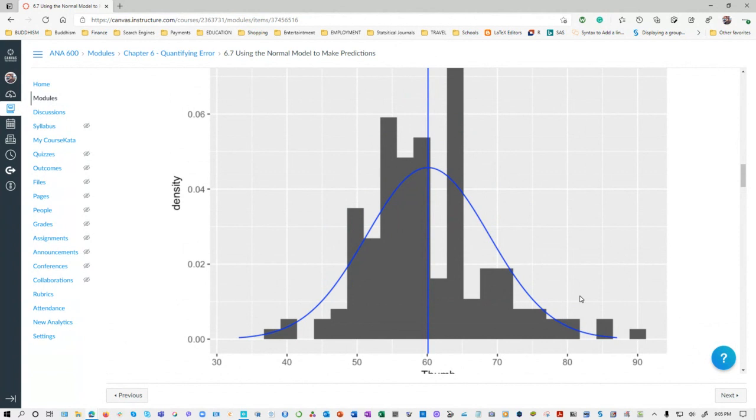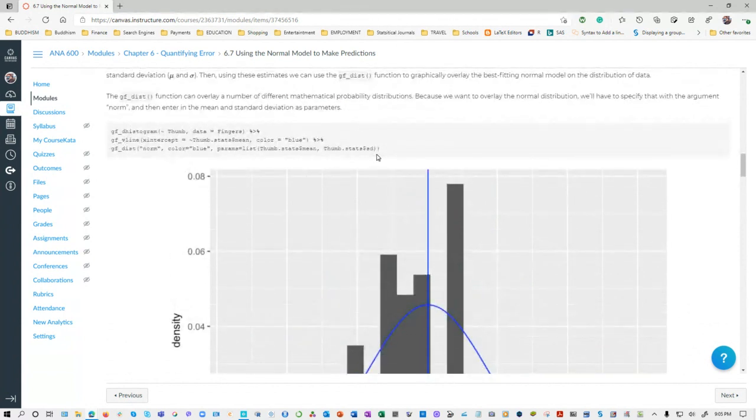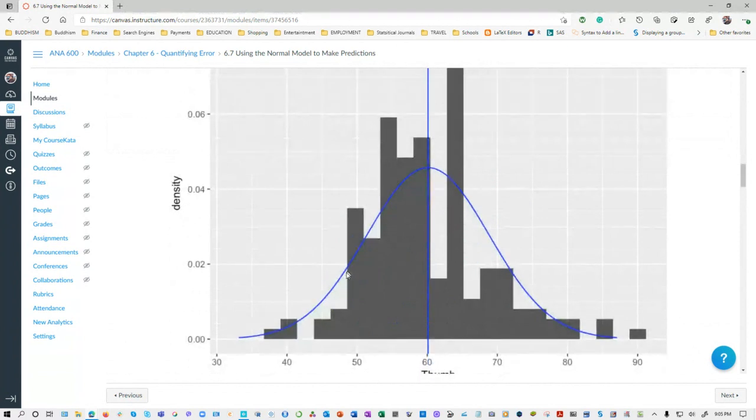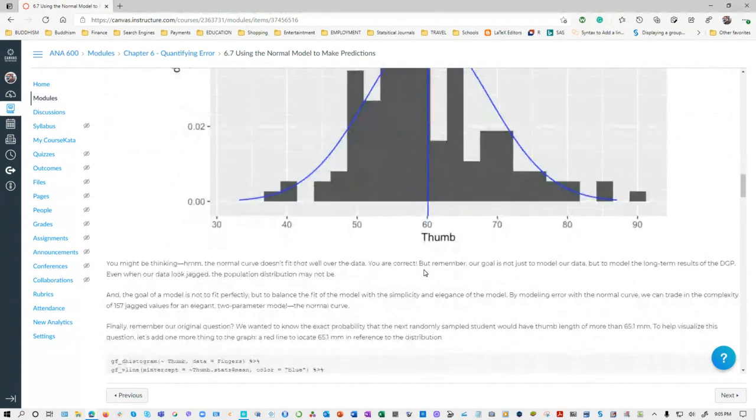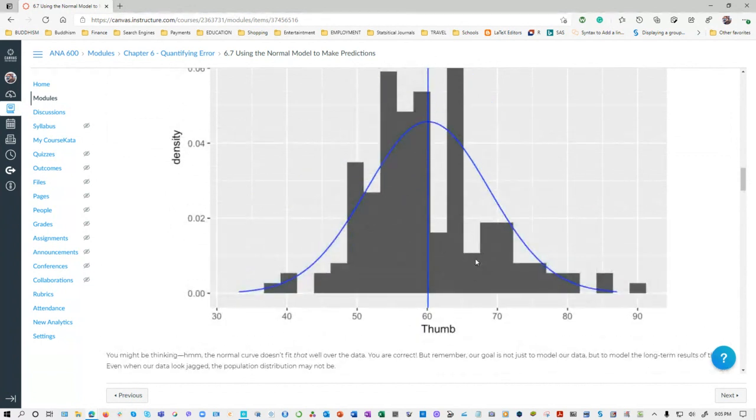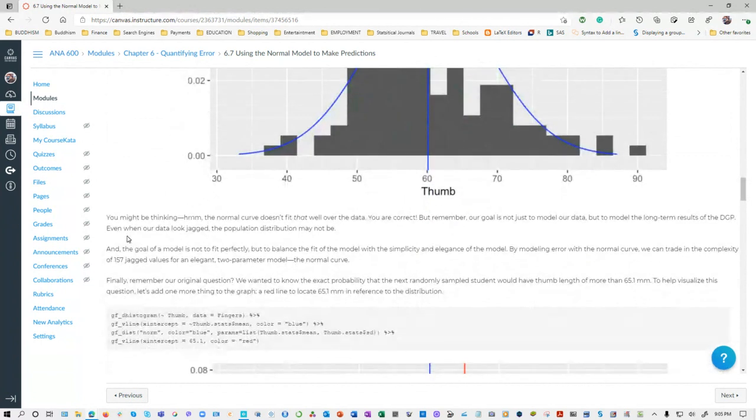Since we don't know, we're going to assume it's coming from a bell-shaped symmetric distribution. To get that shape, we just ran this R code. Other than that, we are not modeling the data. We want the DGP shape, not the shape of this data. That's what they're trying to do here.